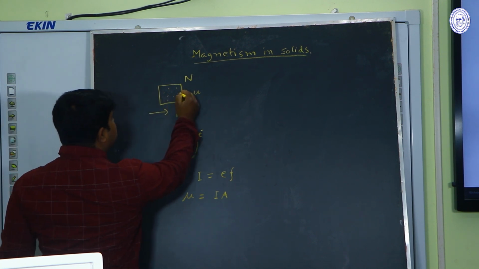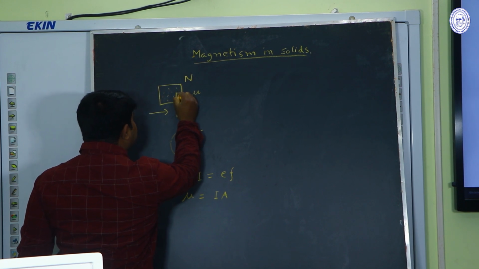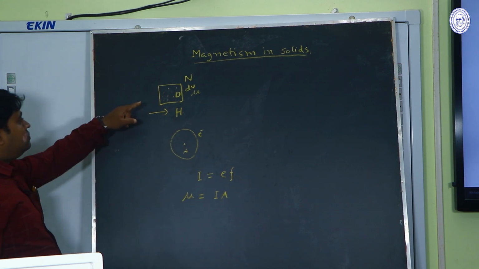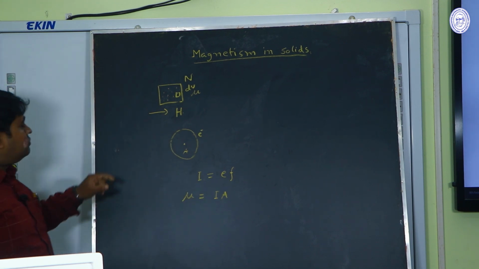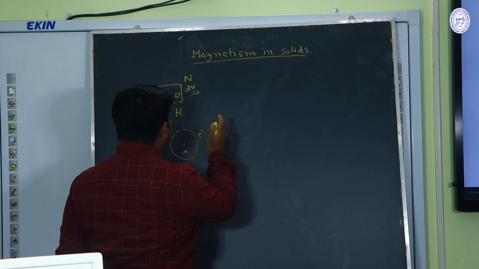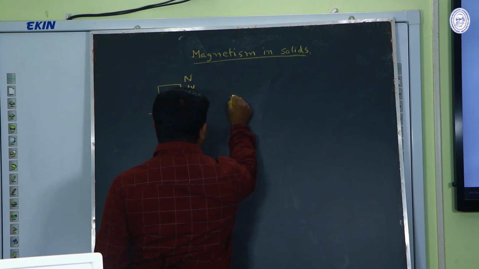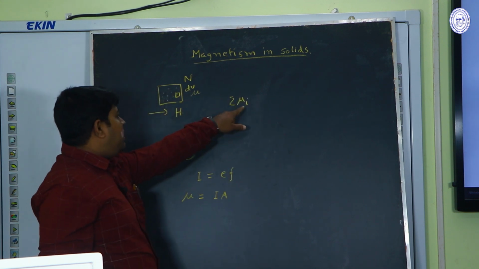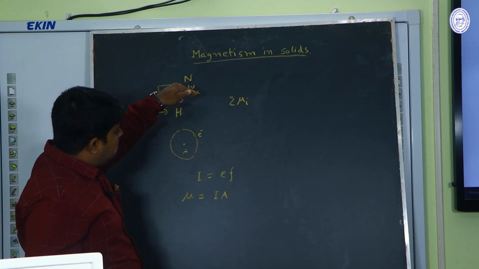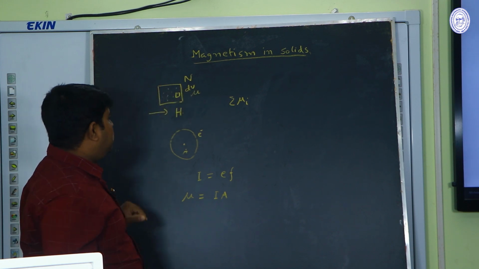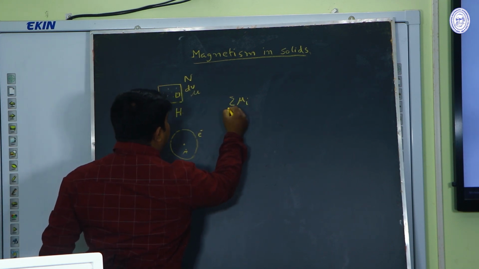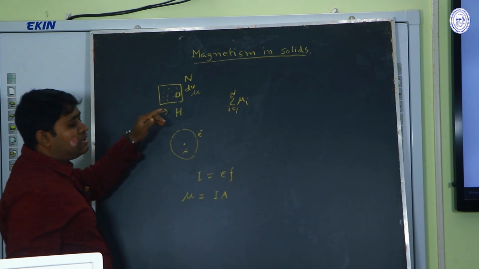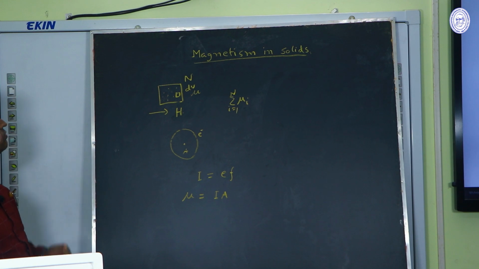We consider an elementary volume dV. The total magnetic dipole moment in the substance is equal to the summation of mu i, where mu i is the dipole moment of the ith atom, with i from 1 to n, where n is the total number of atoms or molecules.